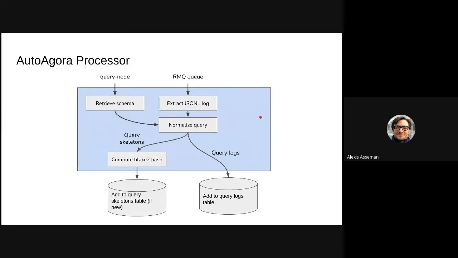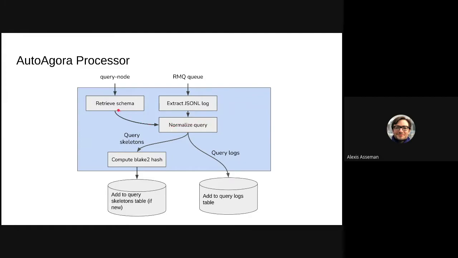So I'm going to go now into more detail on those different subcomponents. The AutoAgora processor will ingest the log lines from RabbitMQ, extract all the data from the JSONL, and normalize the query.